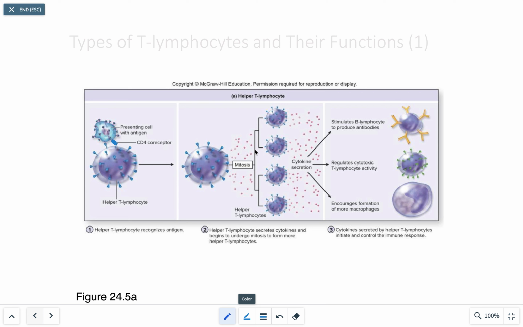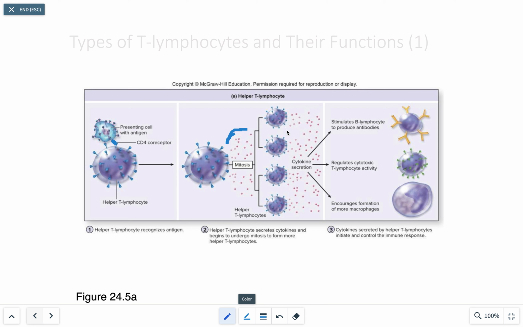After the CD4 coreceptor makes connection to the antigen, it'll secrete a hormone called a cytokine, which is located here. So it'll go through a series of mitosis, secreting this hormone cytokine.